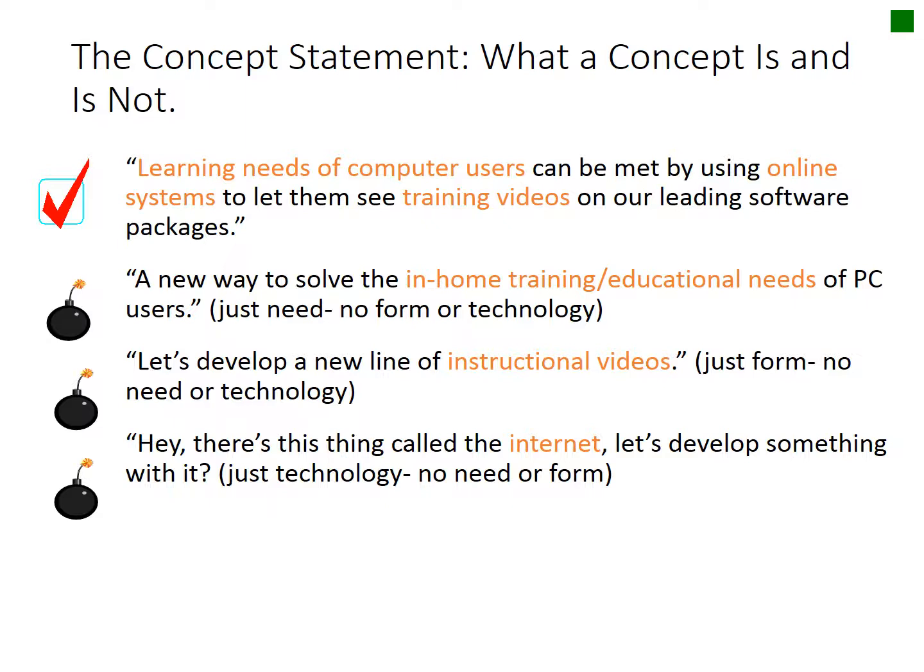Let's develop something with it. Okay, sure. But what? And what need will be met? This is a statement that describes some type of technology or resource that a company may have, but it doesn't really do much beyond that. So these are 3 examples of where we really don't have any basis to move forward because we don't have a complete product concept statement.